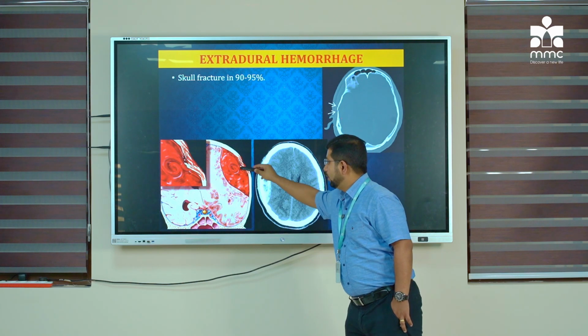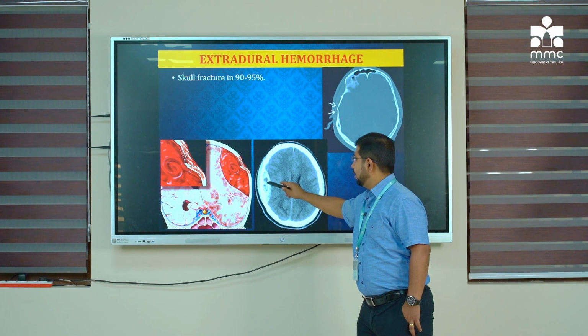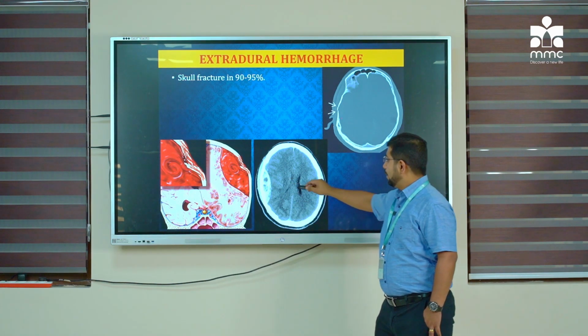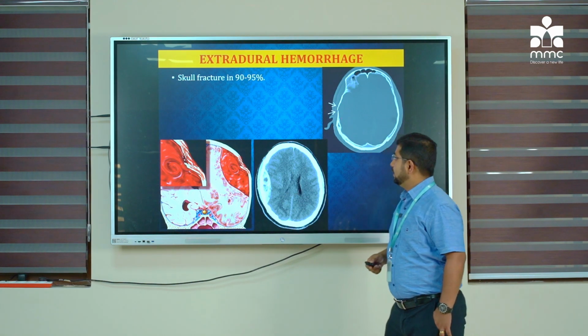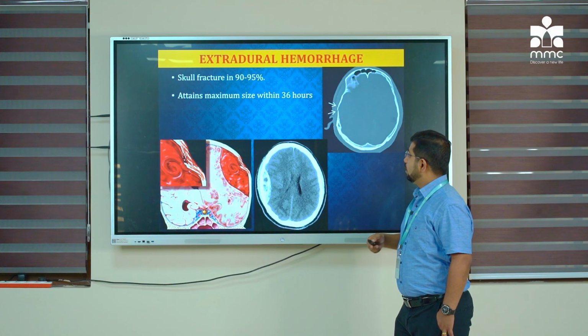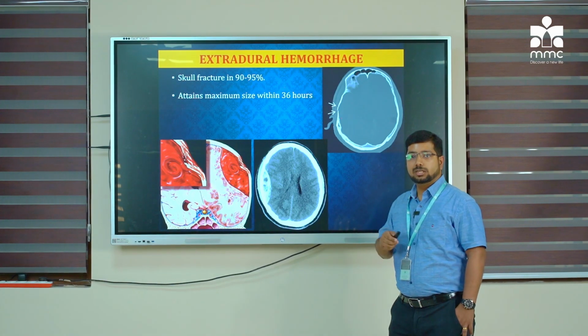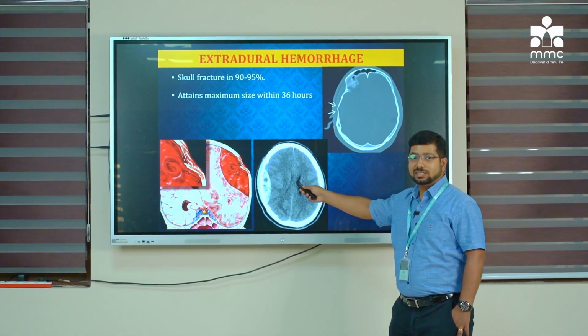You can see the blood flowing in. You can see a swirl. The same thing seen on CT appears somewhat like this. When the hemorrhage is not uniform in density, and we can see patchy areas of hypodensity, that is black areas, then it is a hemorrhage which is still ongoing. That means the patient is still bleeding. So what you see now is not the final status of the patient.